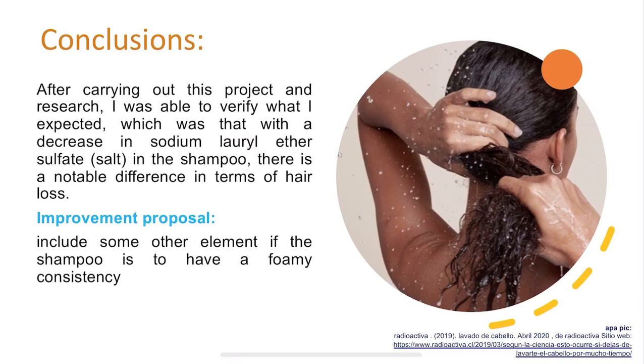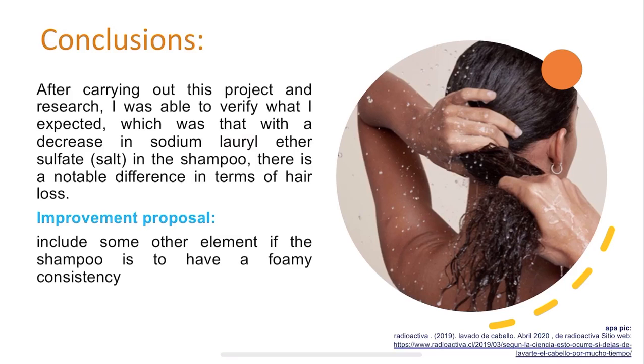After all the investigation and tries that I did, I was able to verify what I expected, which was that with a decrease in sodium lauryl ether sulfate in the shampoo, there is a notable difference in my hair loss.